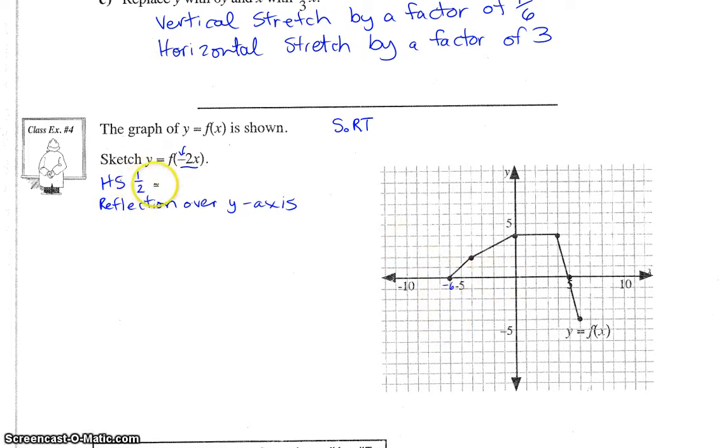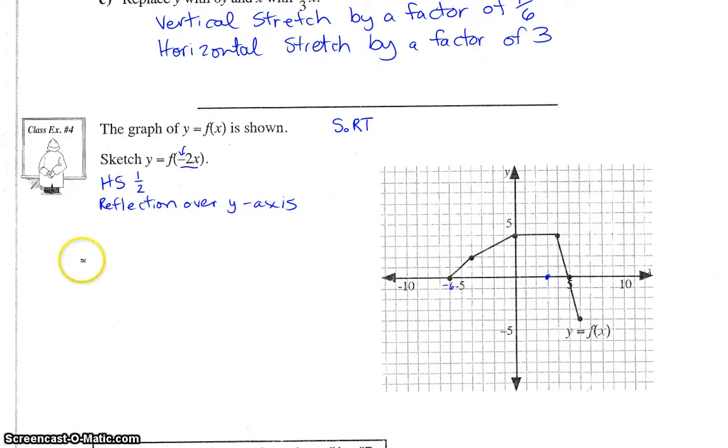If we horizontally stretch by a factor of 1/2, that -6 would become -3. So you multiply -6 by 1/2. Then you reflect it over the y-axis. So we're 1, 2, 3 away from the y-axis, and now we're 1, 2, 3 on the other side. We'll erase that in-between point. So that's now at 3. Then we'll do the same thing with this point and with that one.